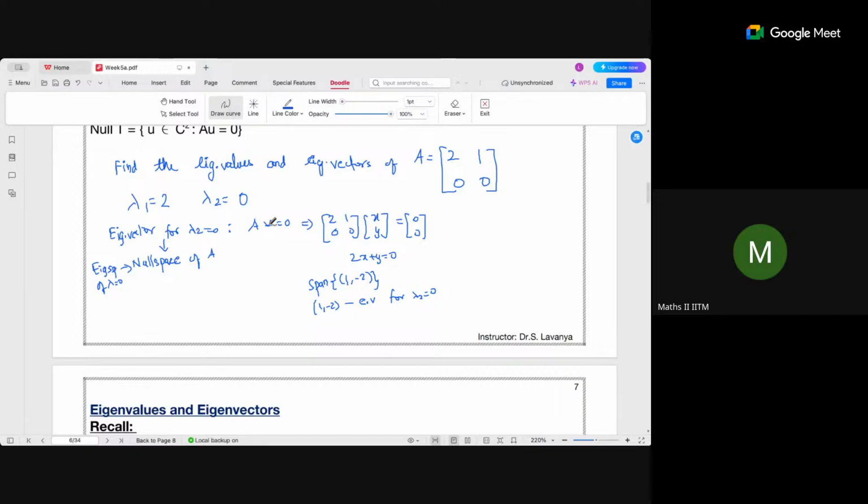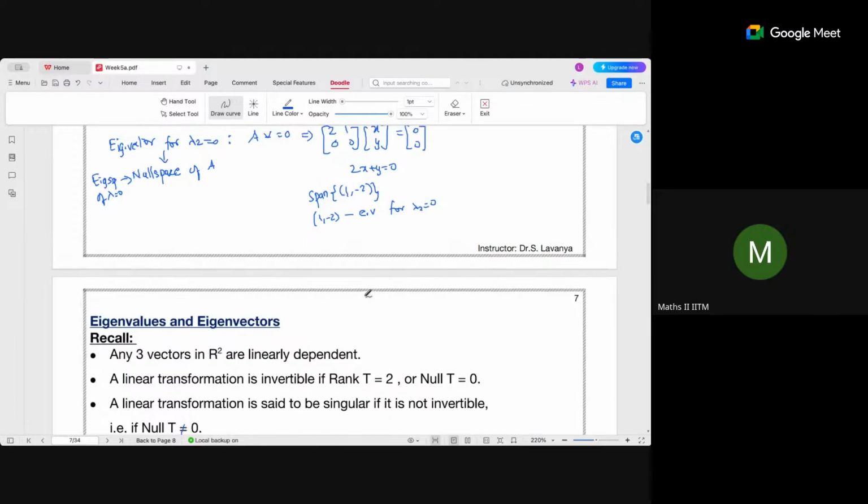So only for some specific non-zero vectors. On the left hand side, TV, you are taking a vector from the null space, and on the right you have lambda V, where lambda is 0. So this V is in the null space of T, and this is 0. This is basically the definition of the null space of T. Viewing it as both left hand side and right hand side being 0 does not sound very nice, but it cannot be wrong either, because I am saying TV is 0.